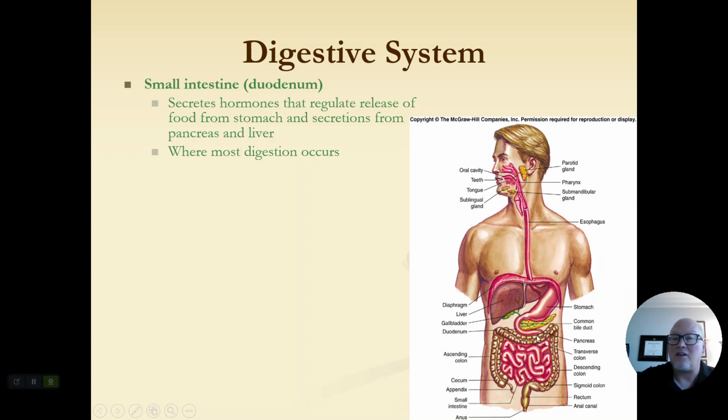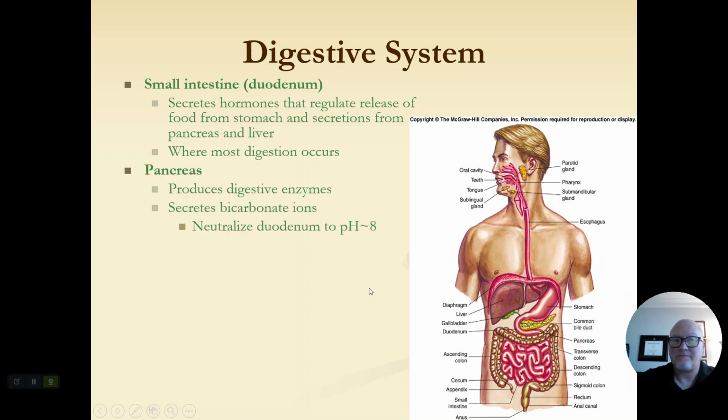The small intestines is the longer of the two intestines, even though it's small in diameter. And this is where most food absorption takes place. Secreting enzymes into the small intestines, we have the pancreas.